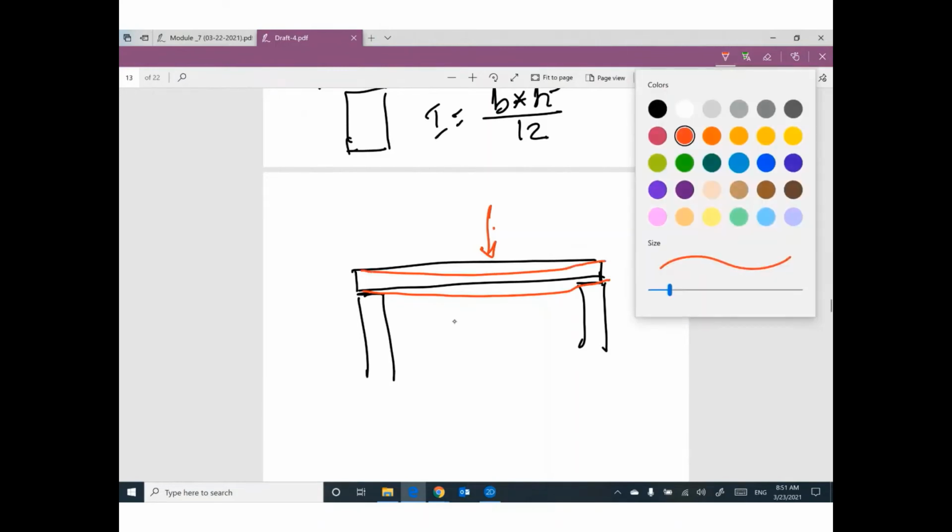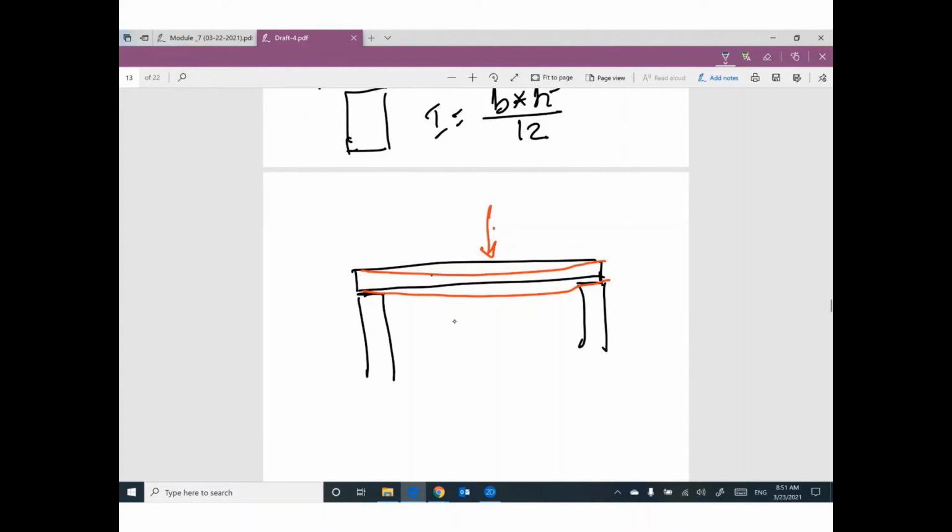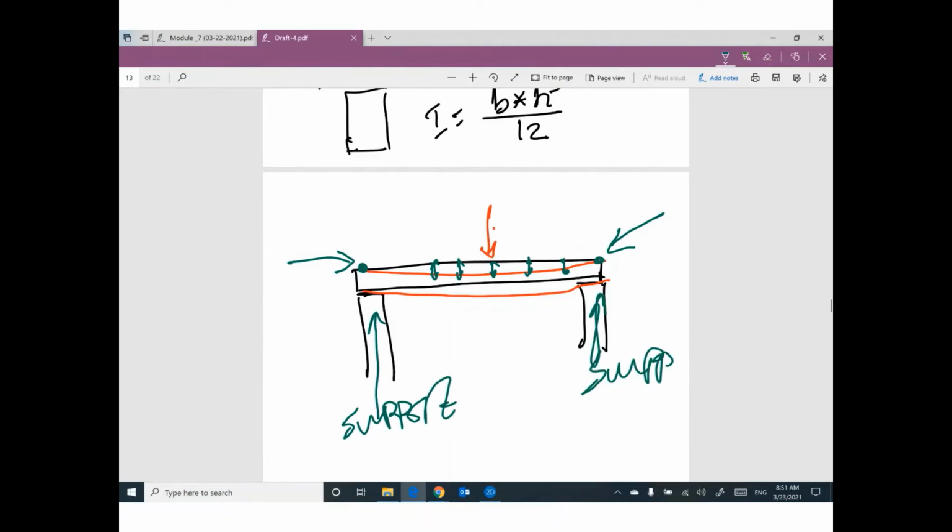Every point on the beam moved down, except this point and this point, which do not move. Do you know why? Because we have a support. If you have a support, the point will not move.